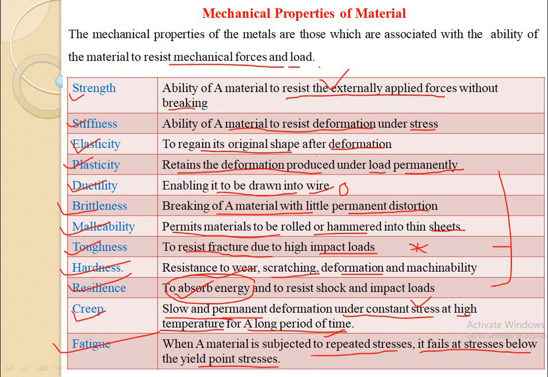I hope you have understood the concept of the properties of materials and how these properties are related to the selection of a material. What is the significance of understanding the different properties of materials? Thank you.